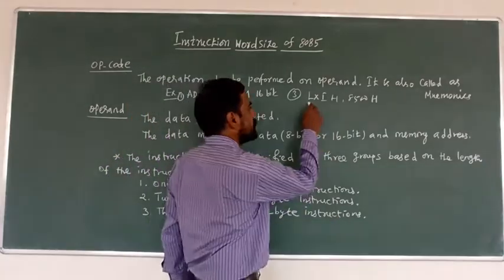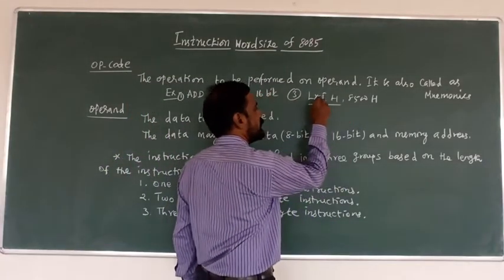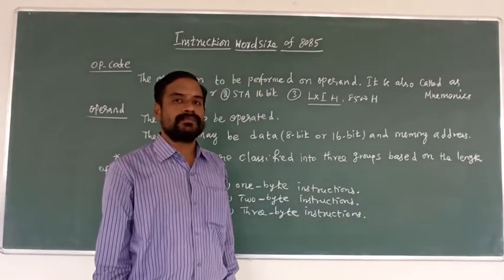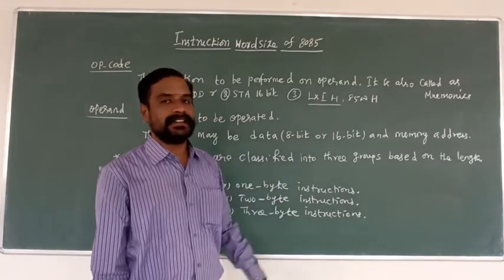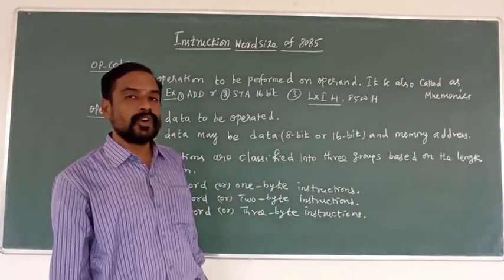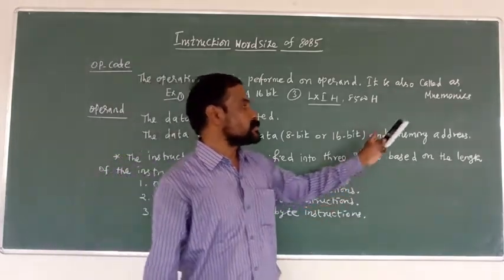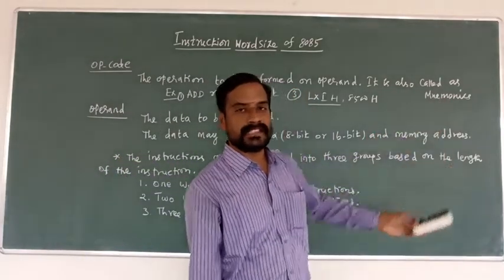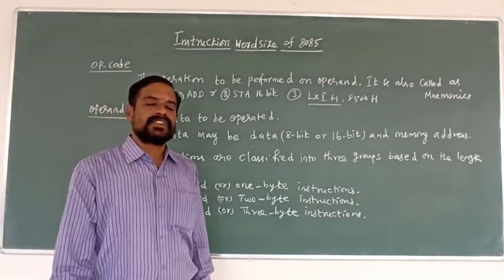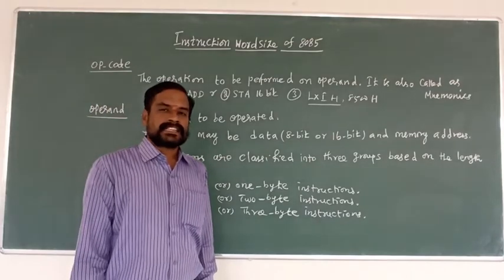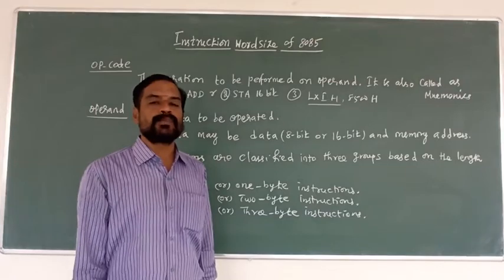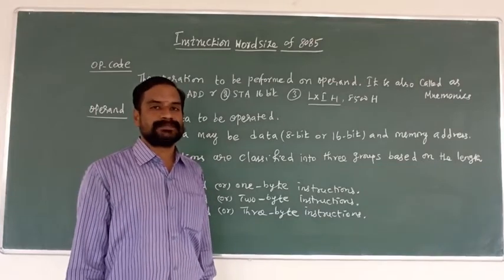So there will be some code for LXI RP, and that code to be operated is called operation code or opcode. It is also called mnemonics. In total there are 80 instructions, and each instruction consists of opcode and operands.